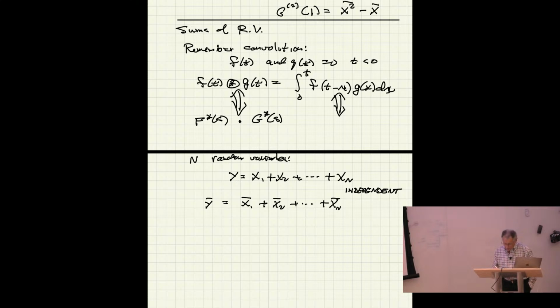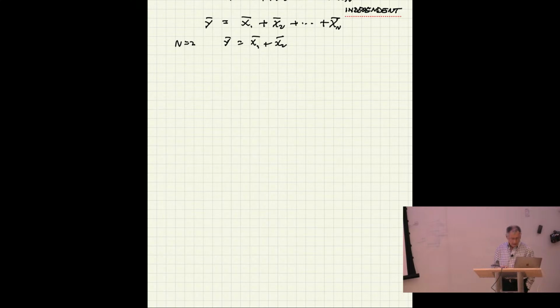Now I want to go further. For the moment I'm going to make n equal to 2. That means y bar is equal to x1 plus x2 bar. But now I want to get the second moment of this sum. Okay? So what is y second moment? It's equal to whatever this quantity is, it's x1 plus x2, that's y, squared, average.